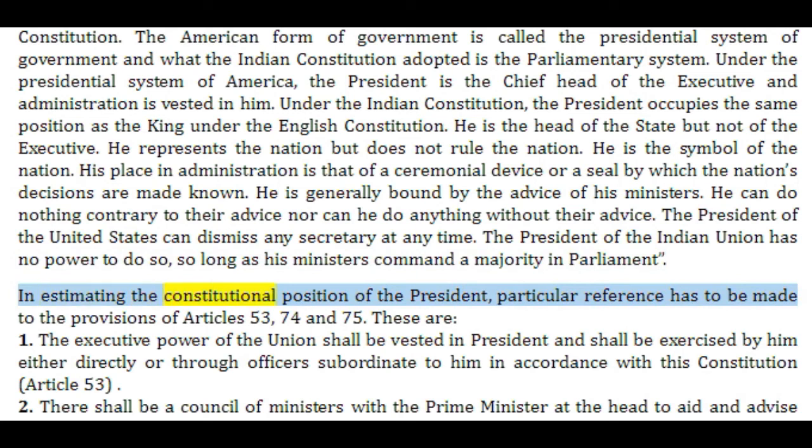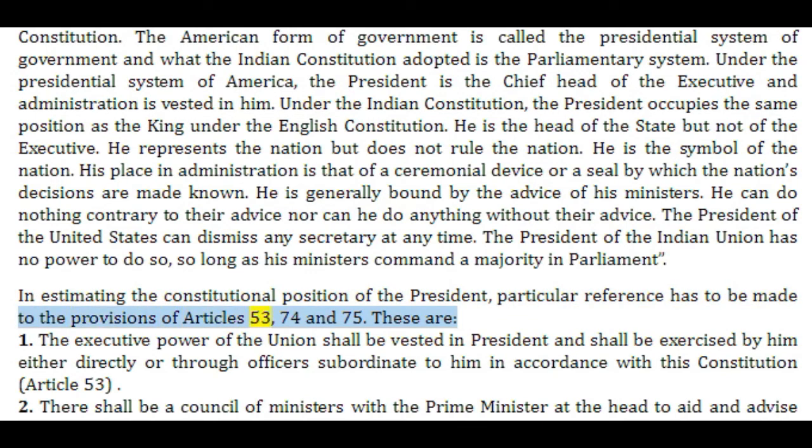In estimating the constitutional position of the President, particular reference has to be made to the provisions of Articles 53, 74 and 75. These are: 1. The executive power of the Union shall be vested in the President and shall be exercised by him either directly or through officers subordinate to him in accordance with this Constitution, Article 53. 2.